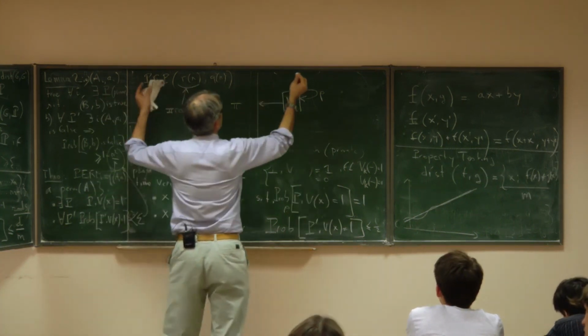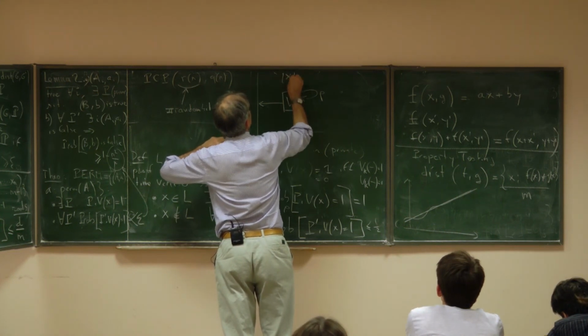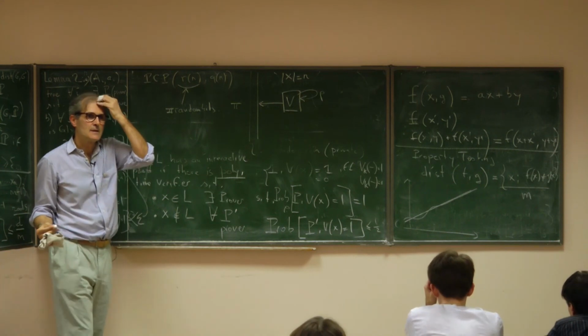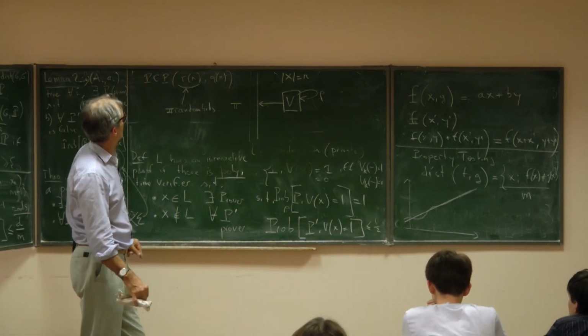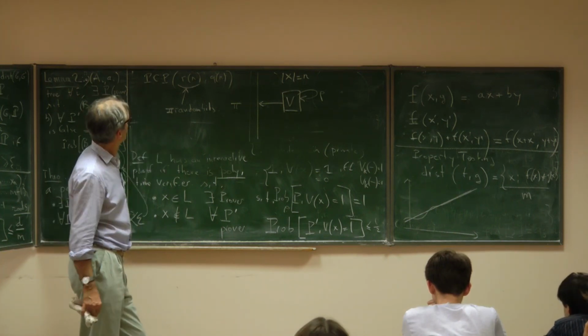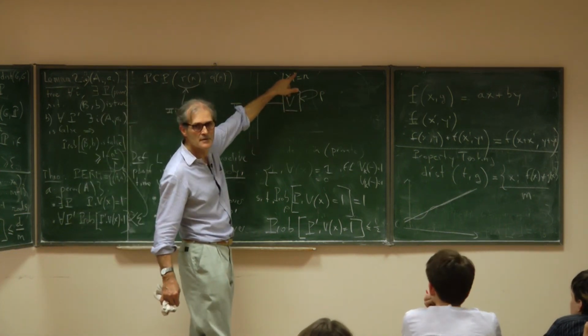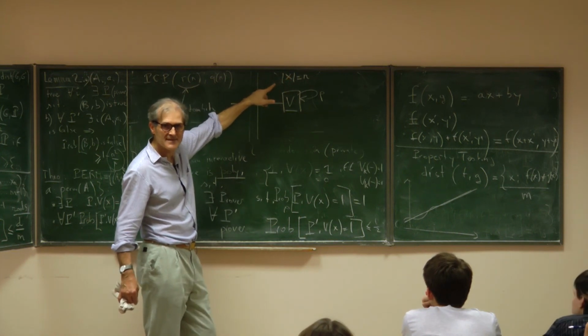Remember that we have an instance x, which is of size n. Imagine we have a SAT instance, a set of clauses, and you want to convince me that they're satisfiable.